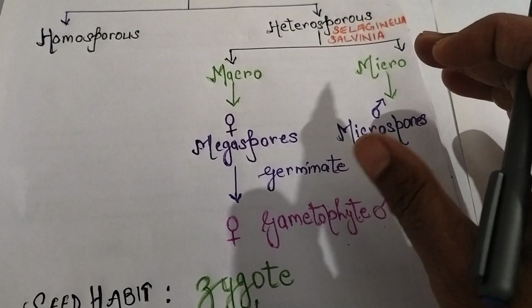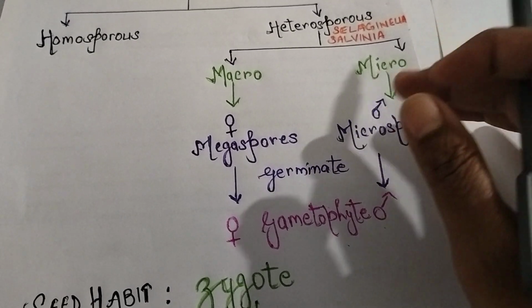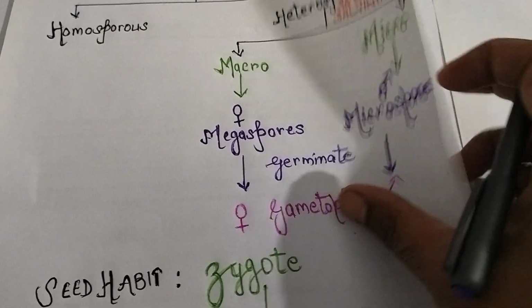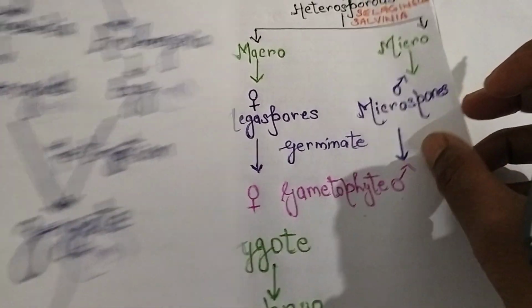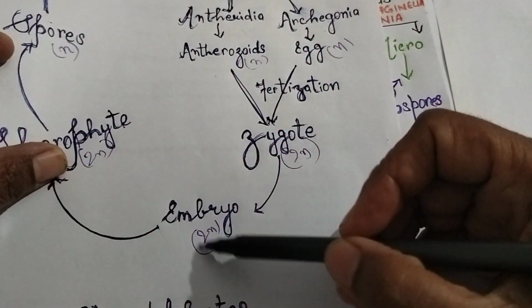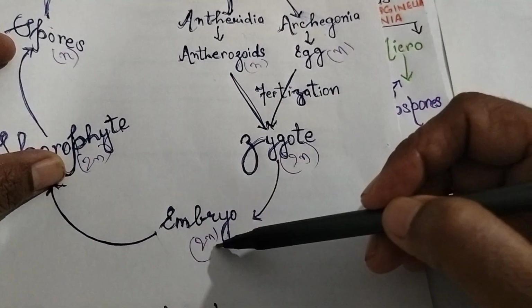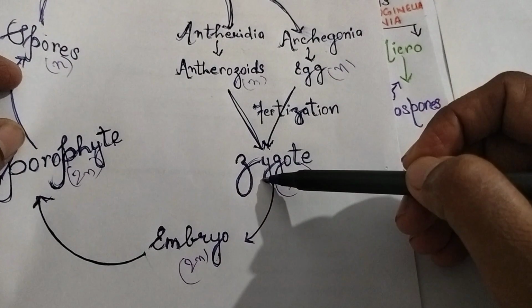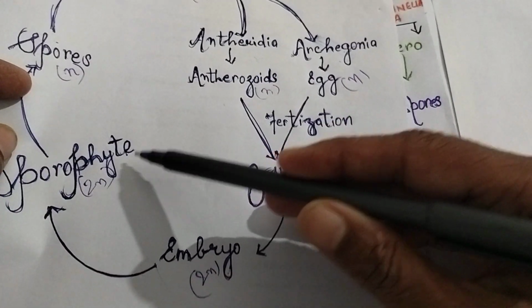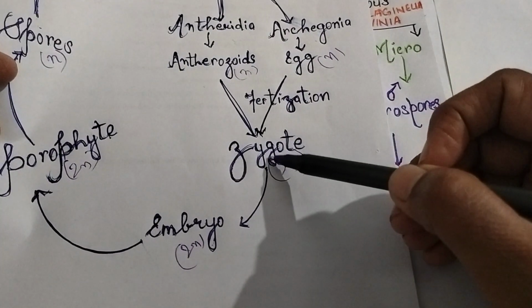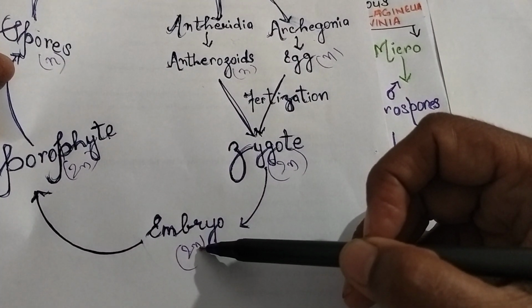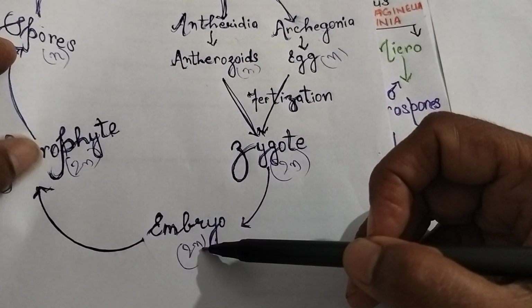One more important thing in the pteridophyte life cycle is the precursor of seed habit. Here for the first time we have studied the embryo. Till now we were studying that fertilization takes place, zygote is formed, and zygote germinates into sporophyte. Now zygote develops and forms a distinct structure called the embryo.